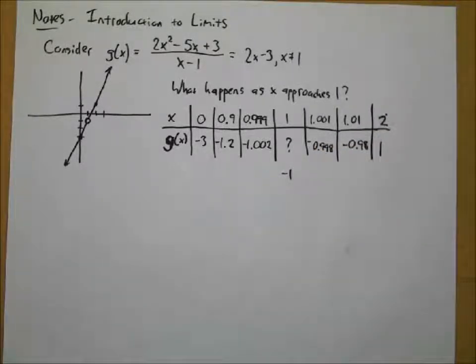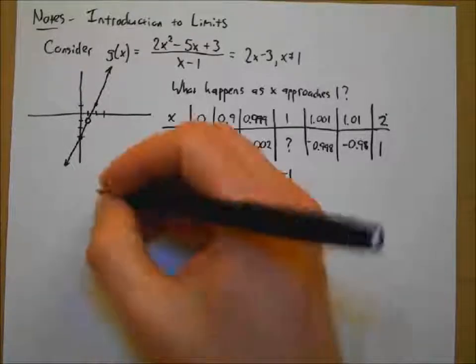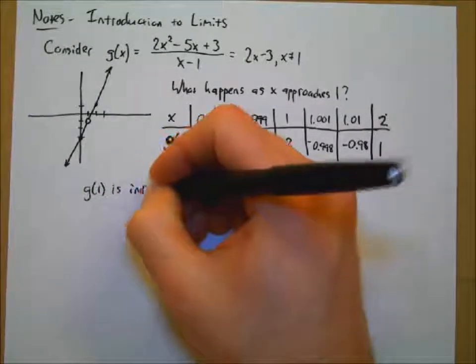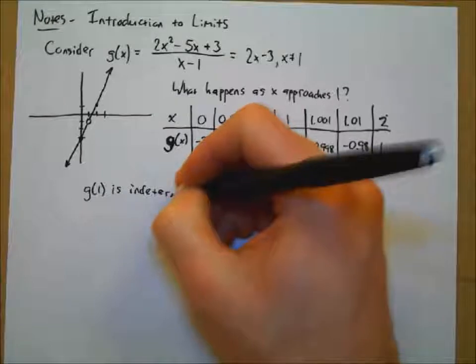Okay? So questions on any of that so far? That's the idea of a limit right there in a very basic sense. Okay, so we can say here, g of 1 is indeterminate. Okay.